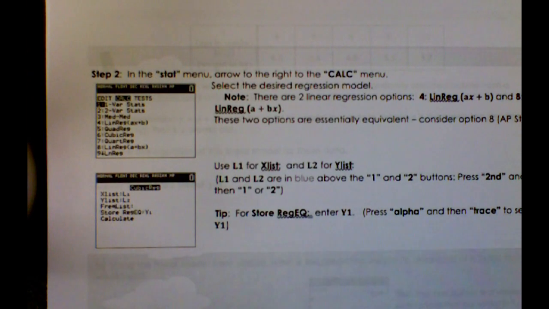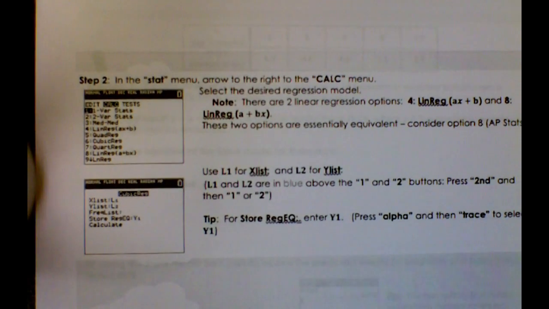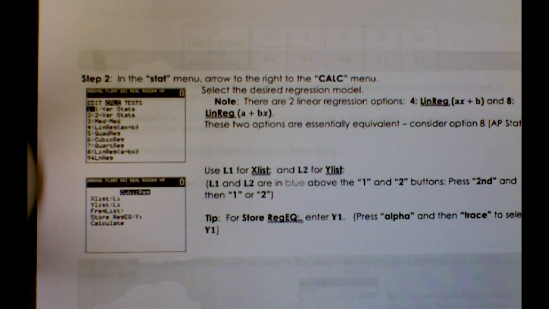That's linreg AX plus B and A plus BX. They're exactly the same. It just switches where we're going to put the constant versus the slope. AP Stats uses option 8 a lot, the linreg A plus BX, but it does not make a difference.